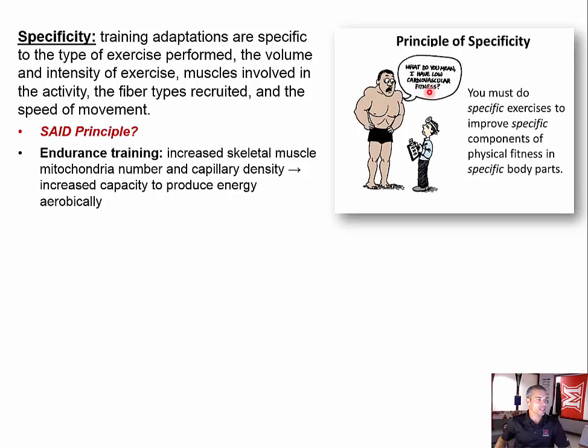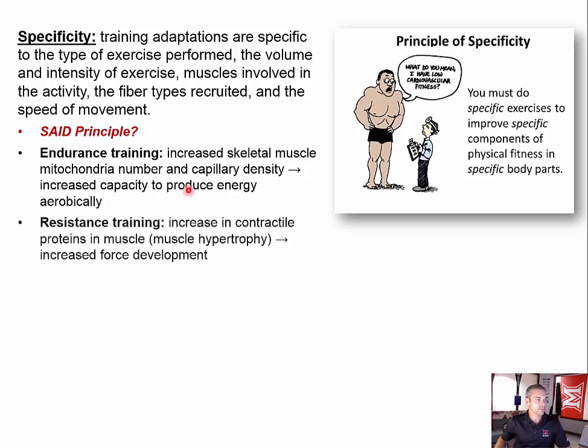So we talked a little bit in the last module about some of these physiological adaptations. With endurance exercise training, primary adaptations, particularly within skeletal muscle, are increases in skeletal muscle number and density, as well as an increase in capillary density, which overall increases the muscle's capacity to produce energy aerobically or with the use of oxygen.